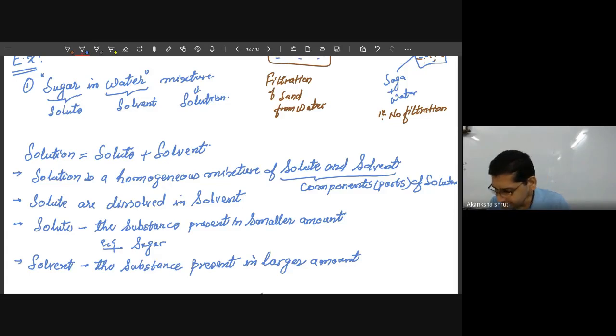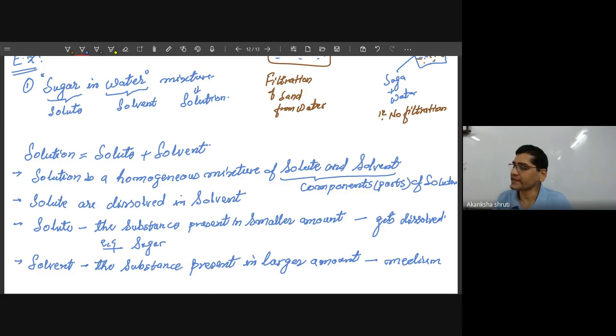This solvent is like the medium in which the solute gets dissolved. It dissolves the solute. The solute itself gets dissolved, meaning it gets suspended or trapped in between the interparticle space of the solvent.